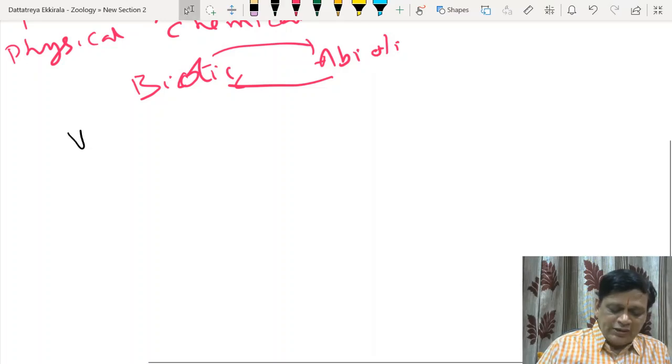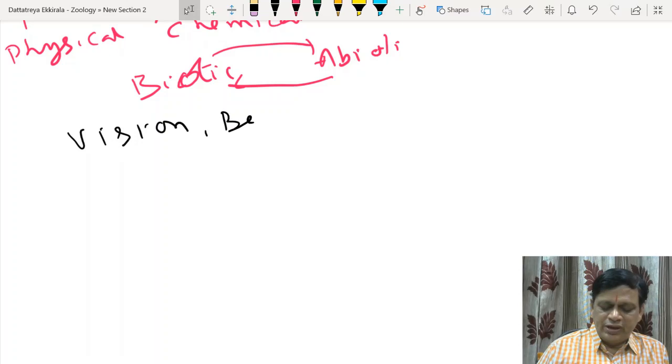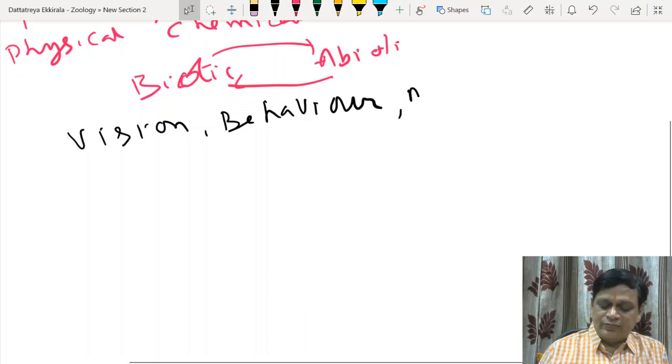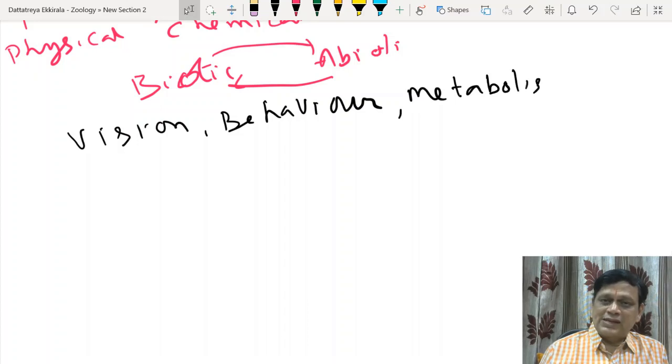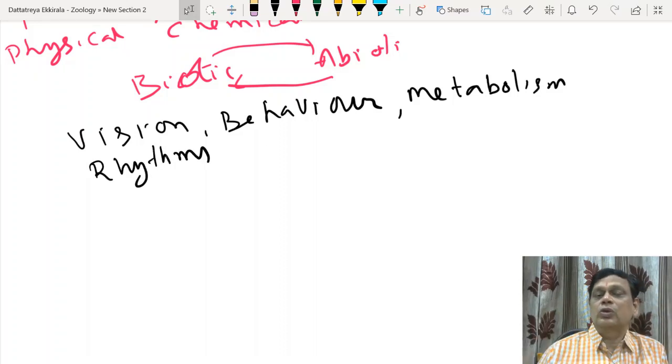So light influences vision in organisms, behavior in organisms, and photosynthesis, metabolism, because organisms living in burrows have lower metabolic rates. And then biological rhythms, all the biological rhythms are maintained mostly because of clues you are getting from the light.